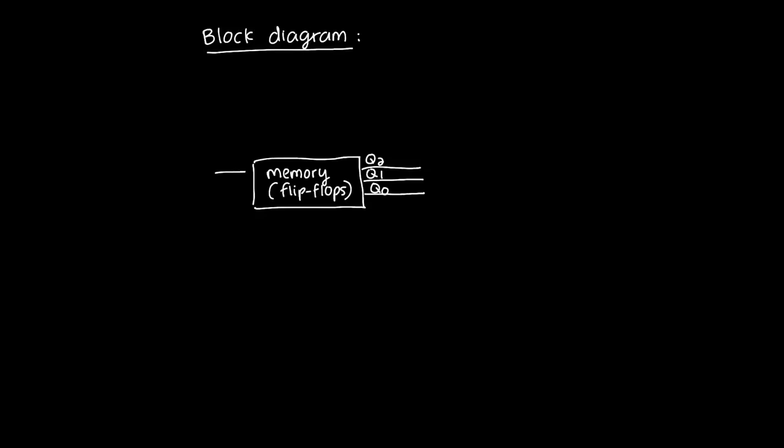And the inputs to this box are simply my D inputs, D2, D1, D0. Of course, I've simplified, because wherever I write Q2, I also mean Q2 bar. Whenever I say Q1, I mean Q1 bar, and Q0 also includes Q0 bar. But I'm not going to write them.